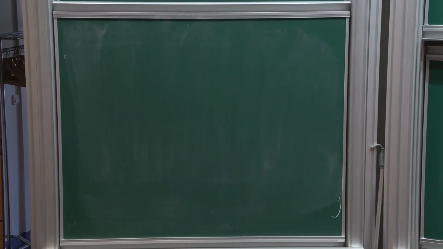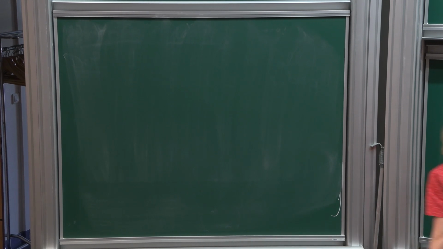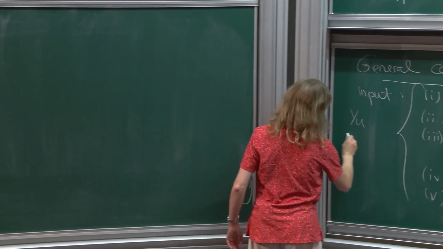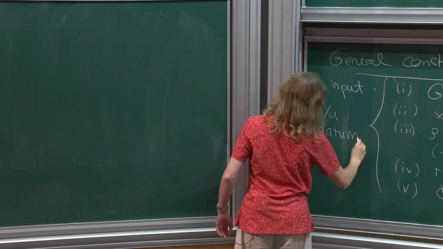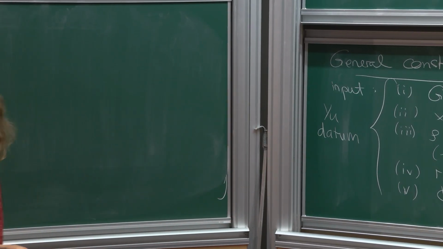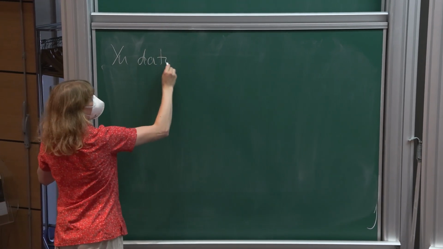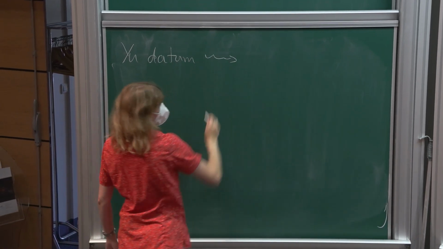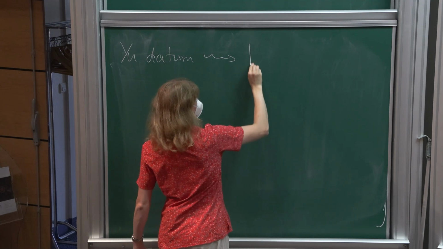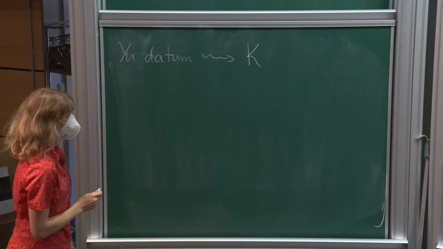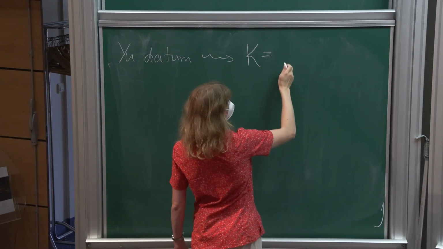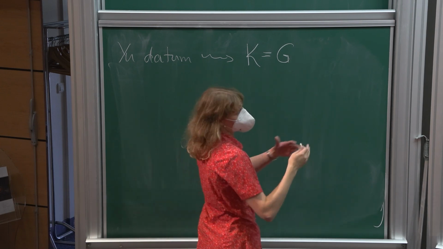And let me call this a JKU datum. I think that's what people started using as the notation. And so then from the datum, what you do is you construct a compact open subgroup K as before. What is K in that case? In that case, we just do the same for all these groups.